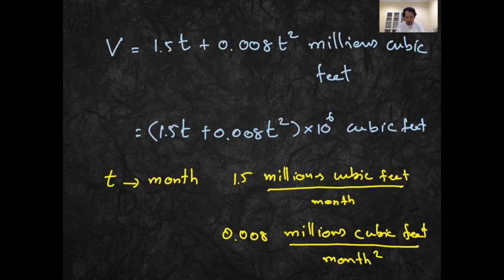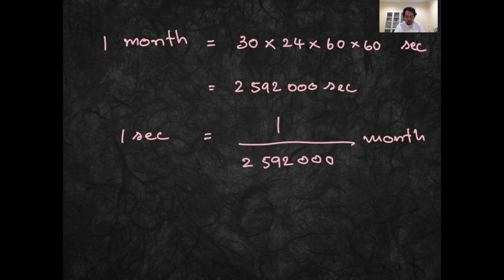Because we know that 1 month is equal to 2.592 times 10 to the 6 second.